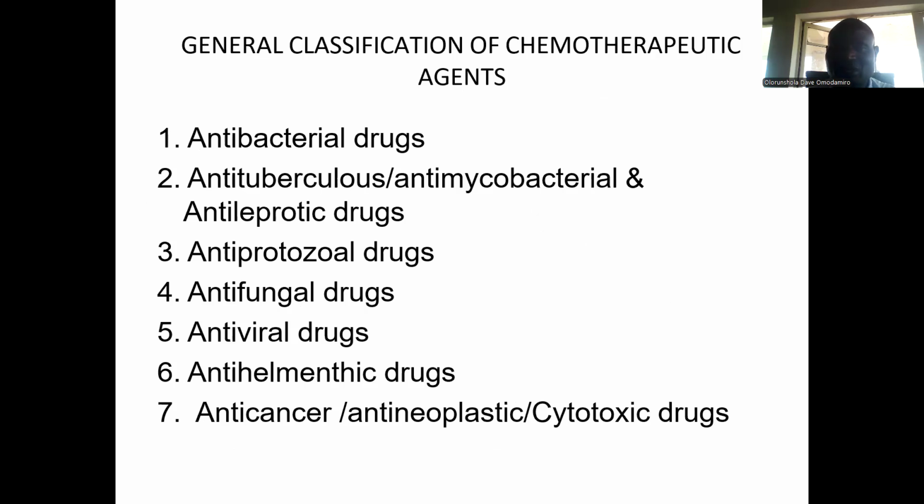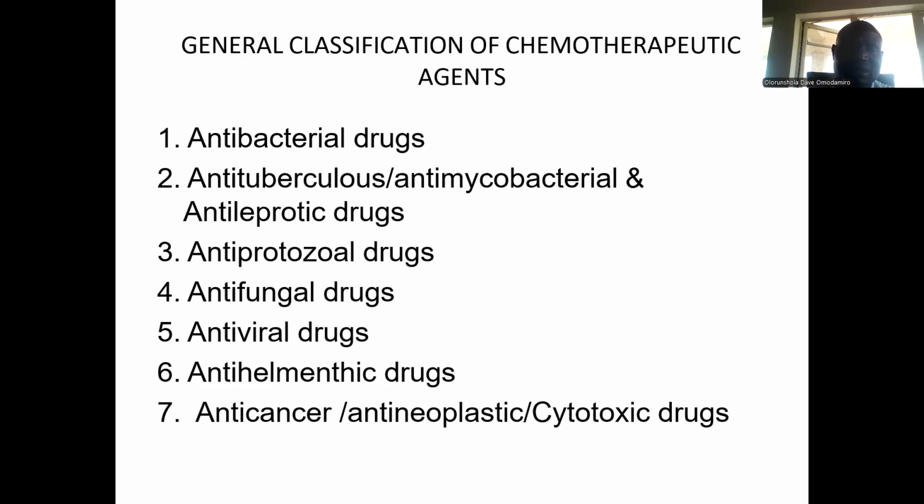So the general classification of chemotherapeutic agents includes antibacterial, one that specifically attacks bacteria; antituberculosis or antimycobacterial drug; also anti-leprotic drug, those drugs that attack Mycobacterium leprae and Mycobacterium tuberculosis.